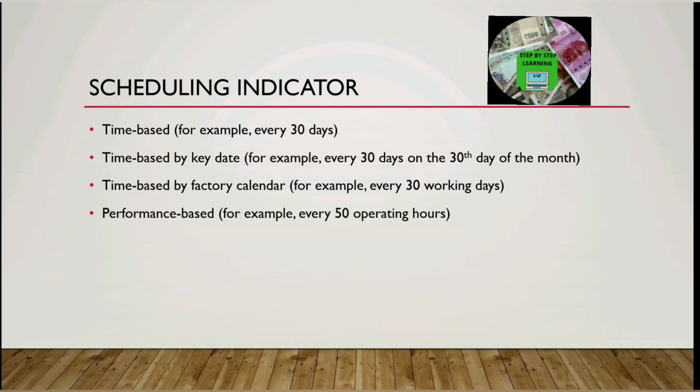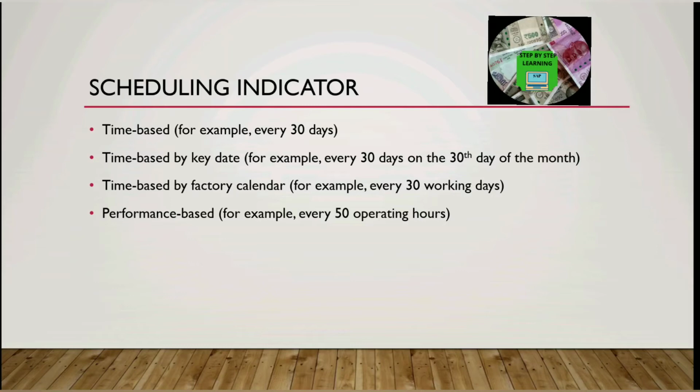Suppose you want to do maintenance on the 30th day of every month, for example November 30, December 30, January 30, and so on, for a 1 month duration. So time based by key date can be selected if you want to perform the maintenance on a particular day.